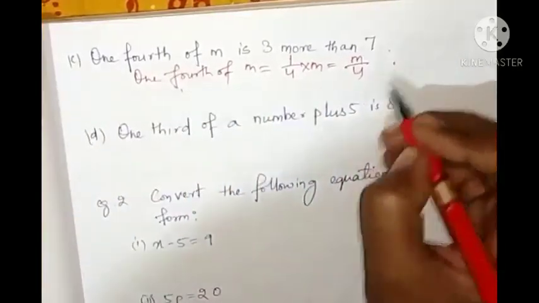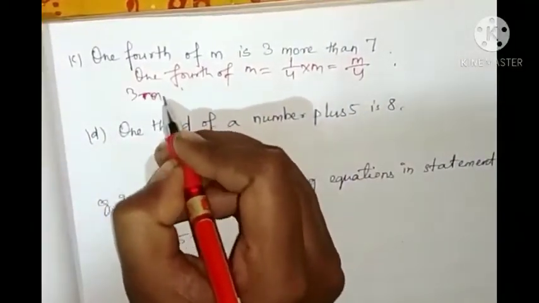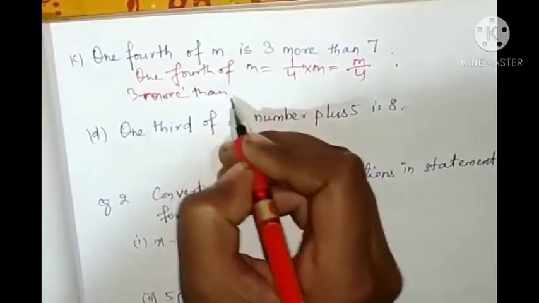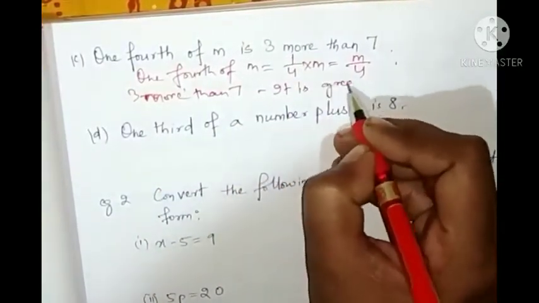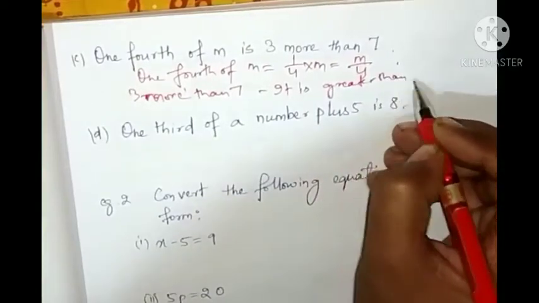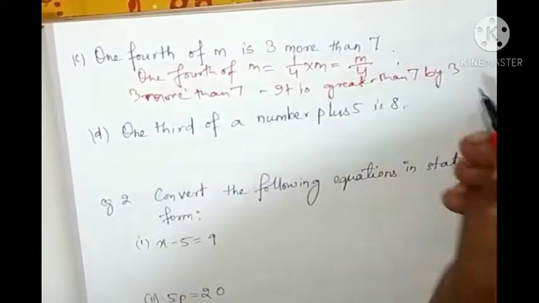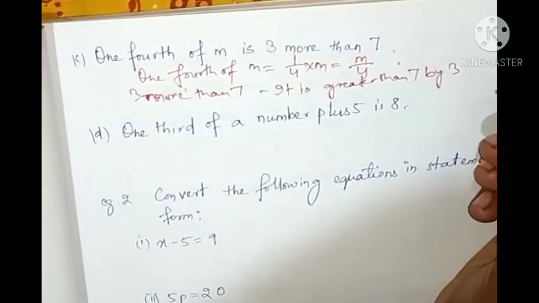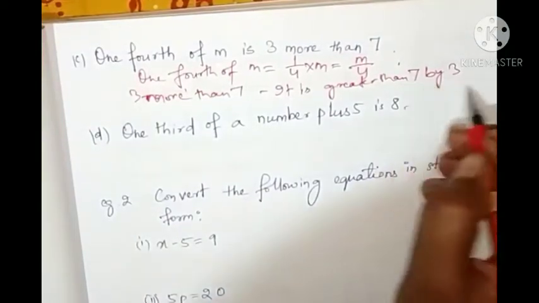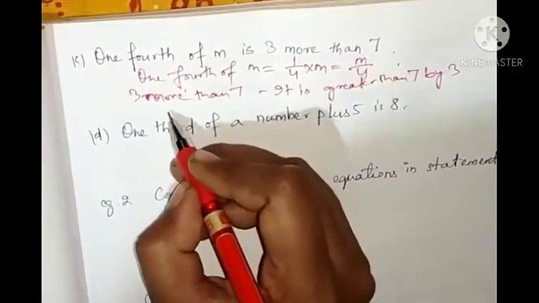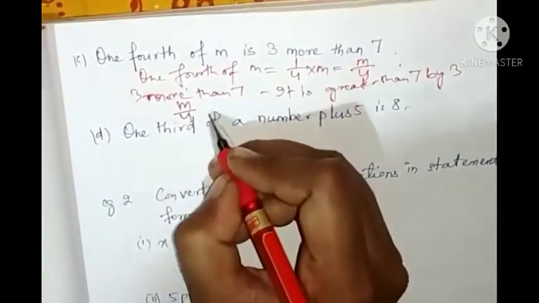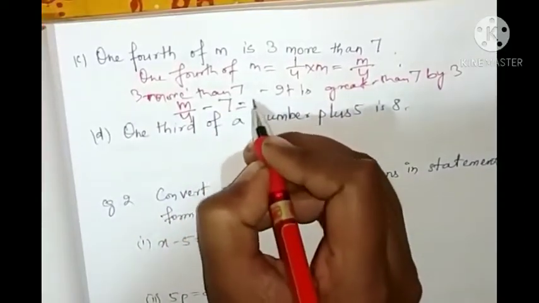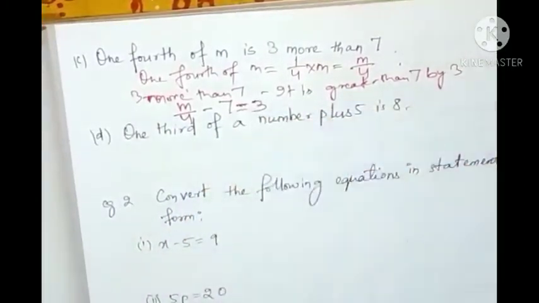So what you will write? m by 4 minus 7 equal to 3.